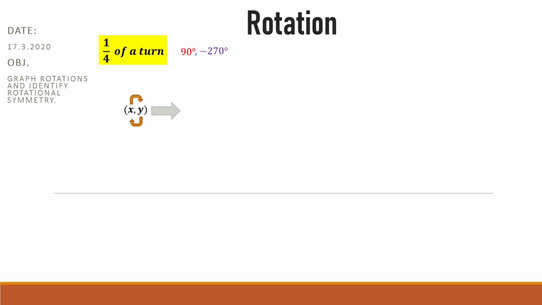It will change the position of each of them, change x with y, and take the opposite of the first coordinate in the image. So if we have a point like A, 2 and 3, just change the position and take the opposite of the first in the image.